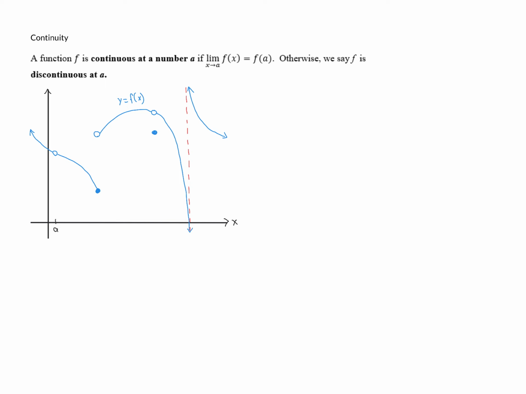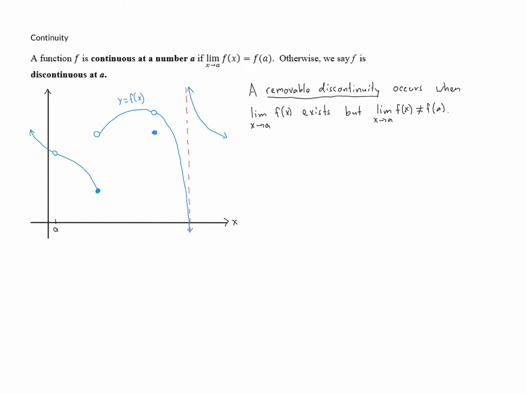And there's a name for that type of discontinuity. We call that a removable discontinuity. A removable discontinuity occurs when the limit as x approaches a of f of x exists, but it is not equal to f of a.